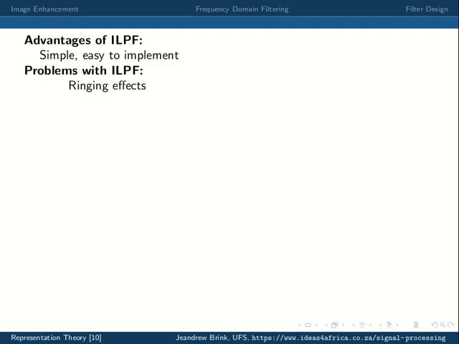It makes artifacts in your image, and I'll explain to you where these come from. And these are very, very important because if for some reason you choose this filter, and it's always available in the image processing software, you can make effects that can look like a fracture where there actually is none. Okay, so this is why you come and study this, so that you don't go diagnosing mistakes.